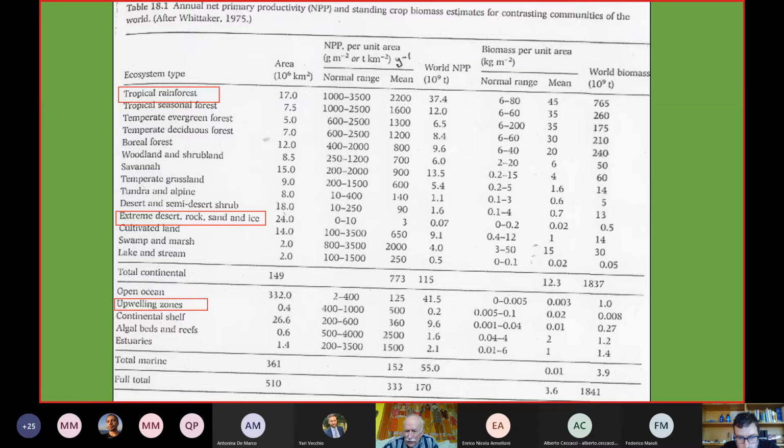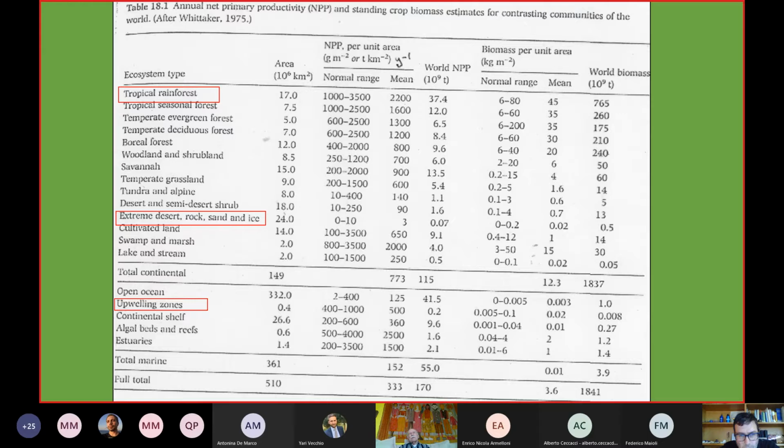So the 20 grams at that rate are doubled every few weeks. That shows you that the productivity per unit biomass of the phytoplankton is much, much higher than that of the jungle trees.